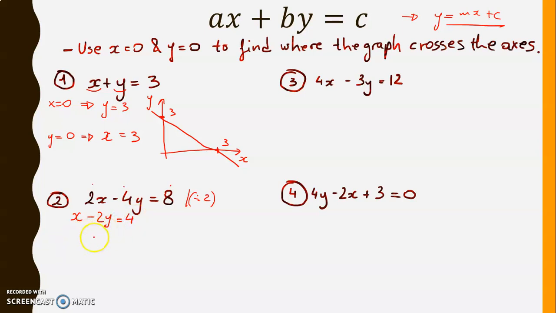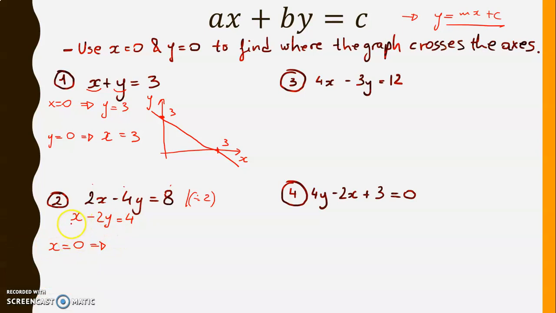Okay, so similarly we take x equals 0 to find the point of intersection with the y-axis.